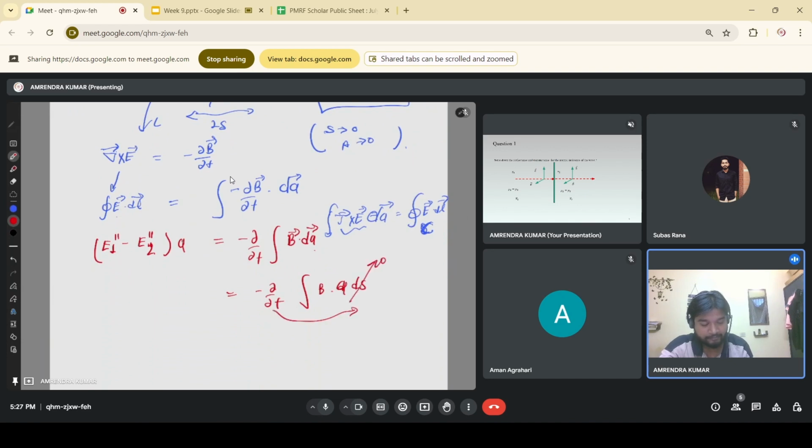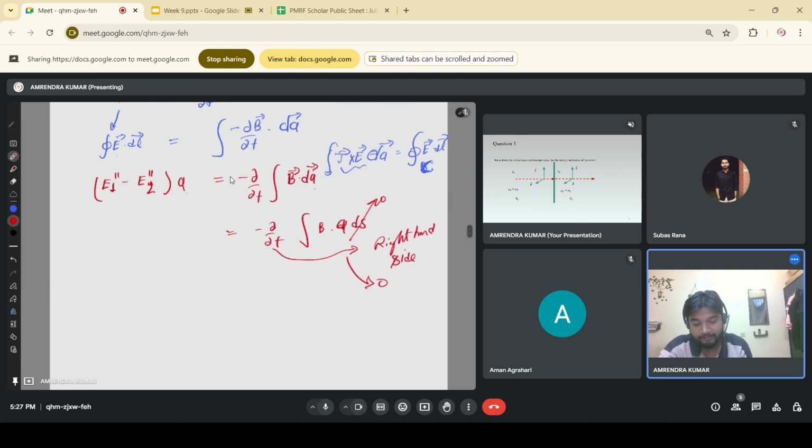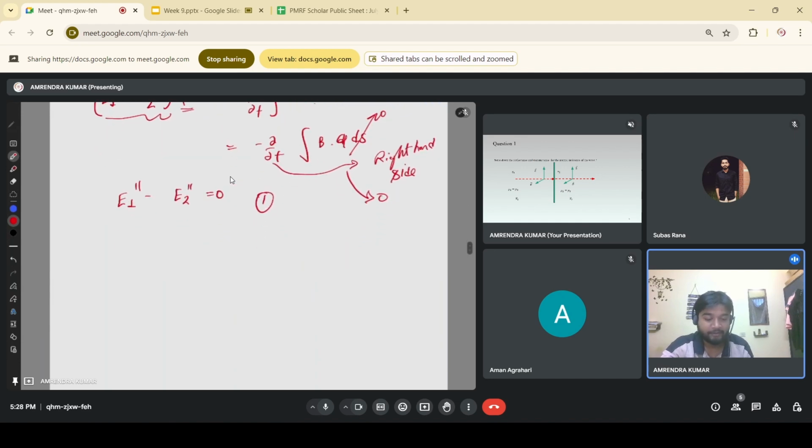So the whole right hand side goes to zero because this area is going to zero. If B is constant, this must be zero. So E1 parallel minus E2 parallel equals zero. This is our one condition that we have found at the boundary.